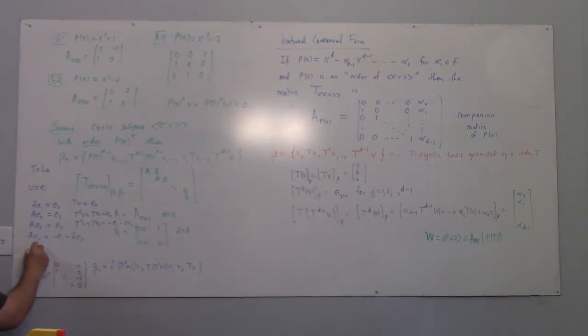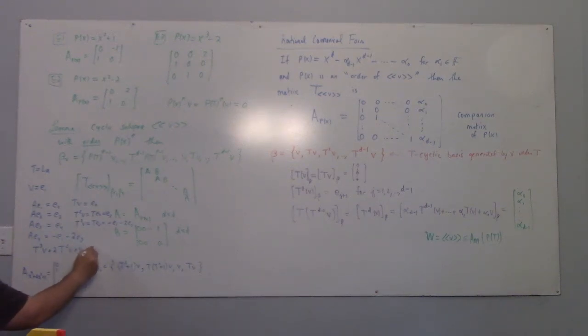In other words, T cubed V plus 2E3 was what? I don't think I did it right.